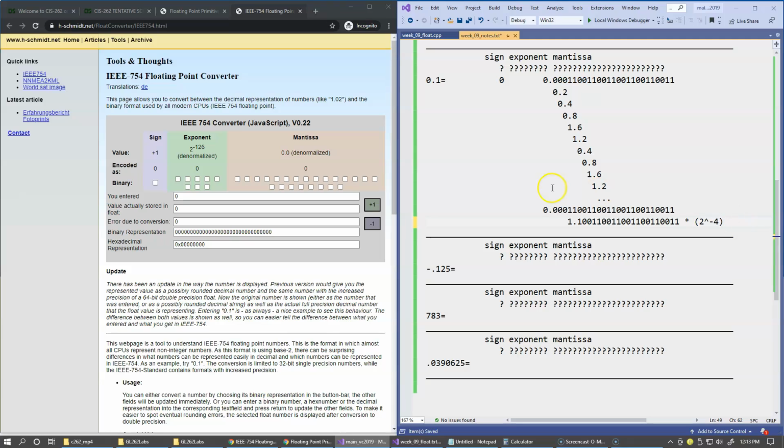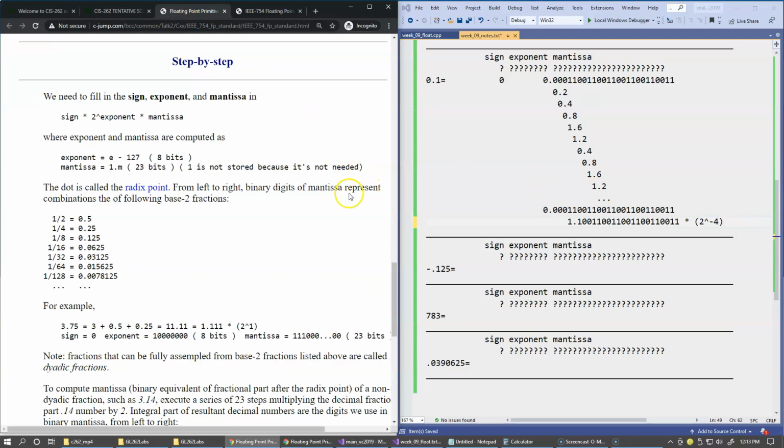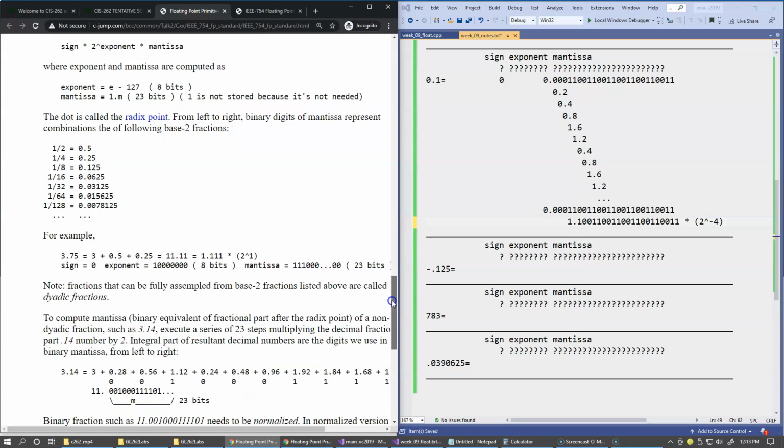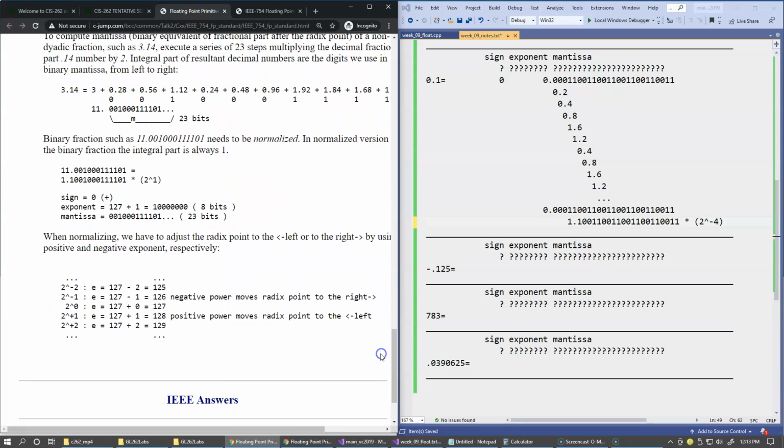And you can see it in our handout, in our step-by-step outline. So the negative power moves the radix point to the right, and the positive power moves the radix point to the left. So just keep this in mind when you're normalizing the fraction and adding the exponent.